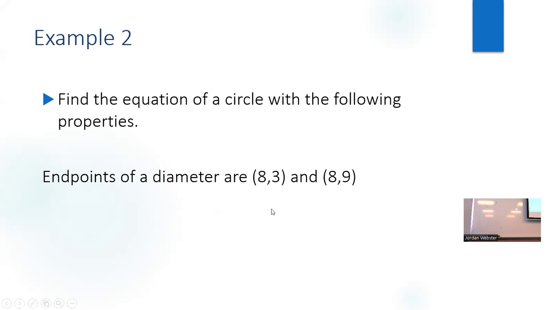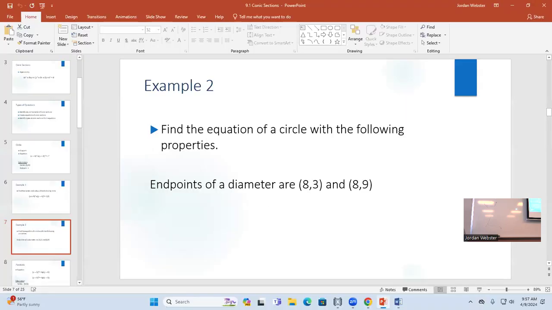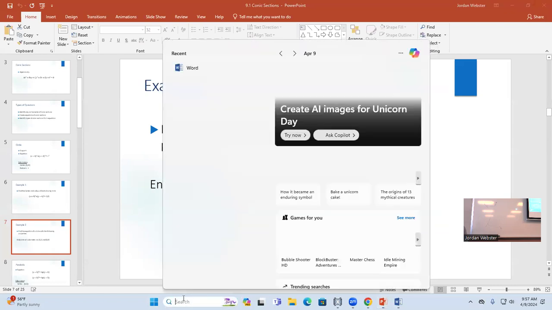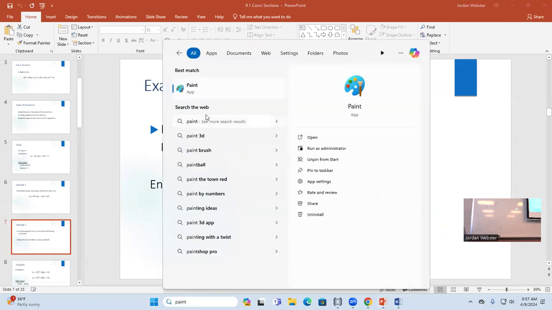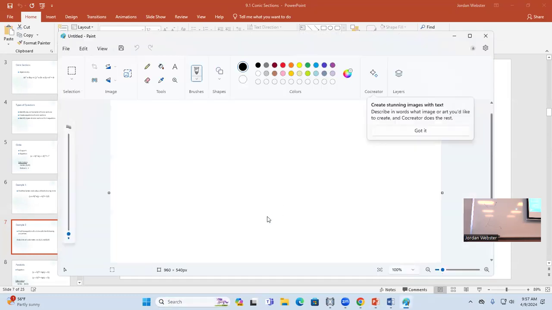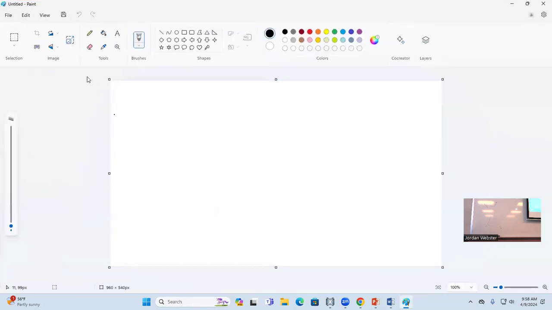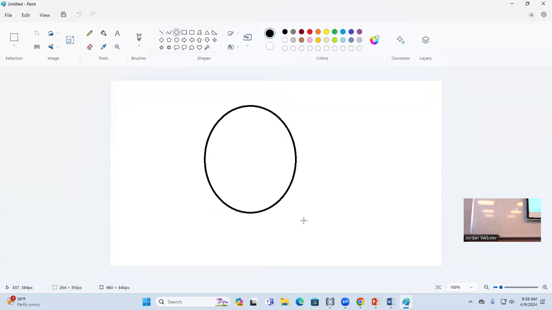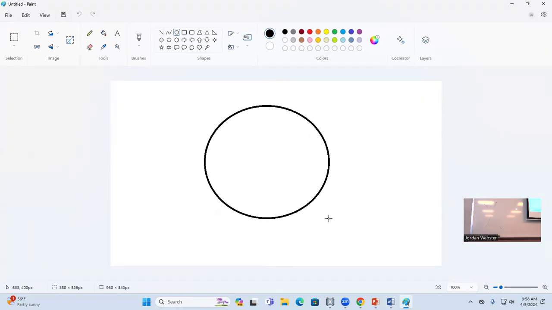Let me try to draw that as best I can. Normally I would do it on the board, but let's see if I have a Microsoft Paint app that I can just pull up. Got it. Actually, I got these tools, might as well use them, right? So we have a circle. And (8, 3) and (8, 9), those are going to be points on the circle.